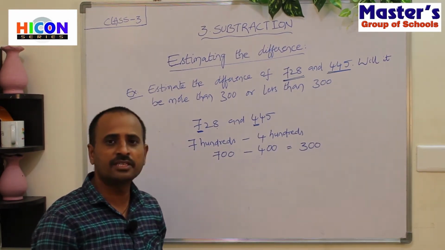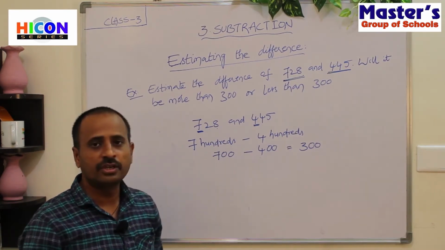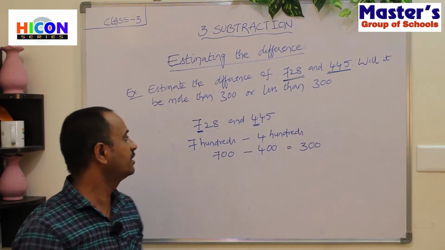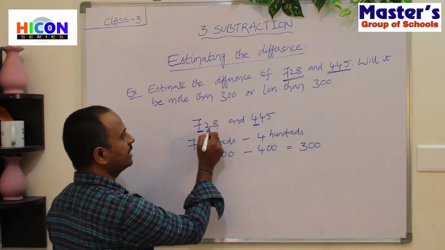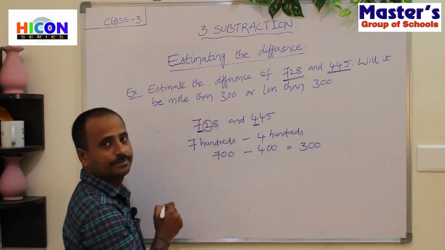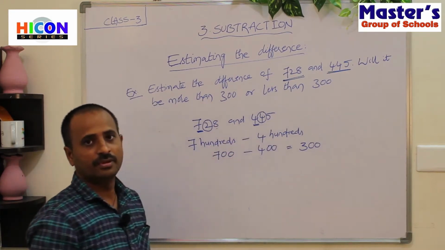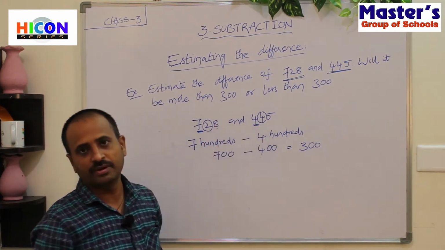The simple trick we have to follow is to check the next number in both the numbers. What is the next number here? 2. And what is the next number here? 4. This is the first number and this is the second number.